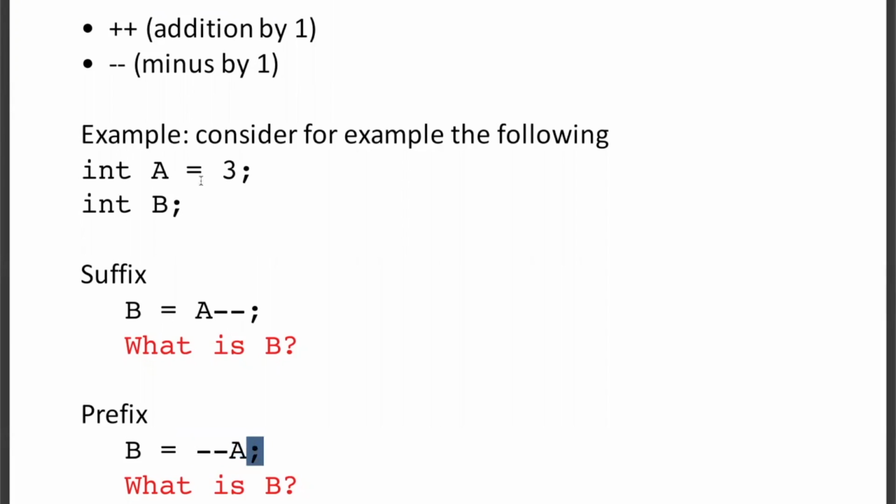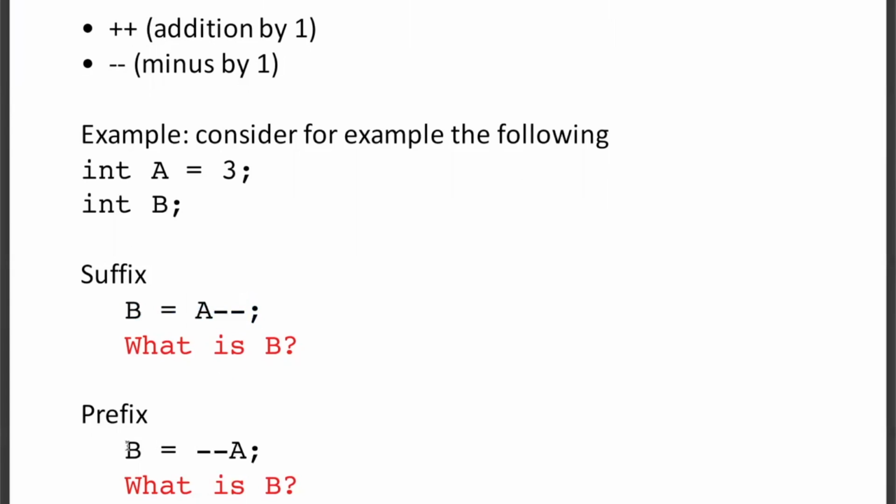So let's just assume a is 3. In the suffix case, b is going to be 3, because the assignment takes place first, and the decrementation does not take place until the statement is over. So b equals 3, nothing happens.